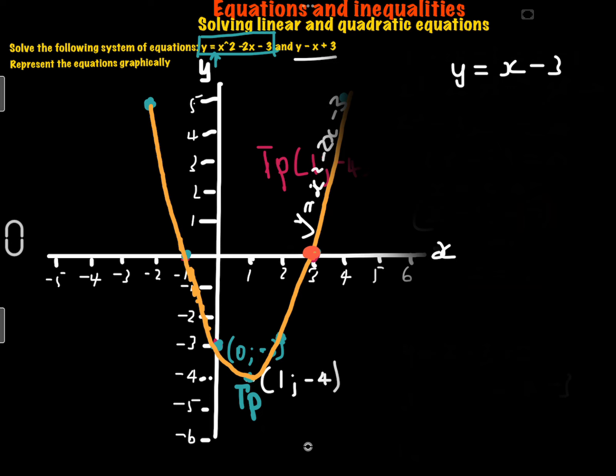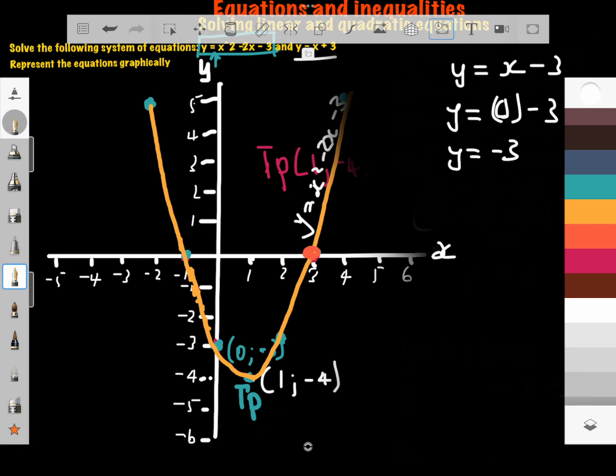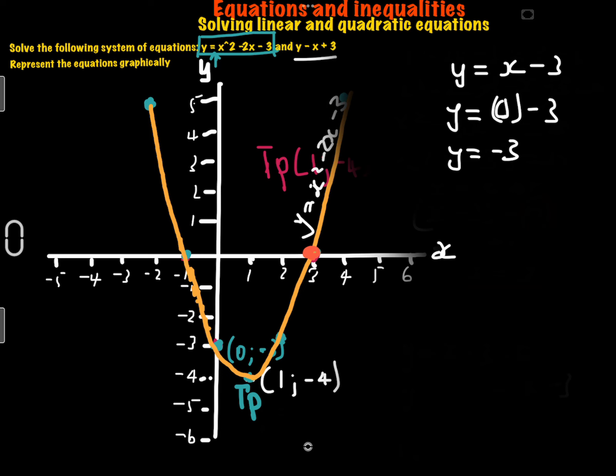I want to know what happens when x is equals to 0. What is the value of y? So substitute 0 where x is: y is equals to 0 minus 3, y is equals to negative 3. So when x is equals to 0, y is equals to negative 3. This is the point here.